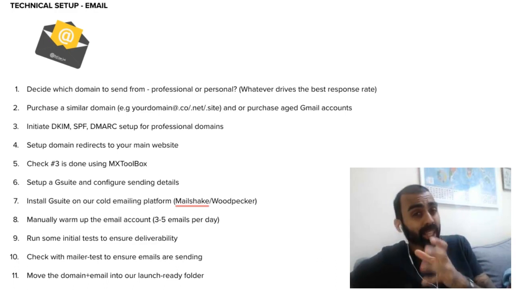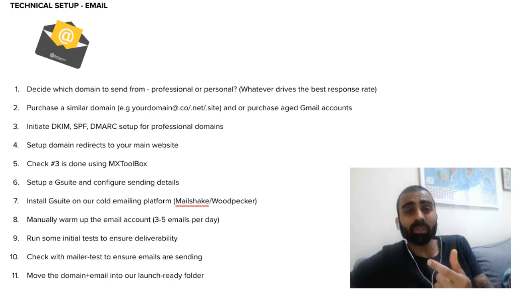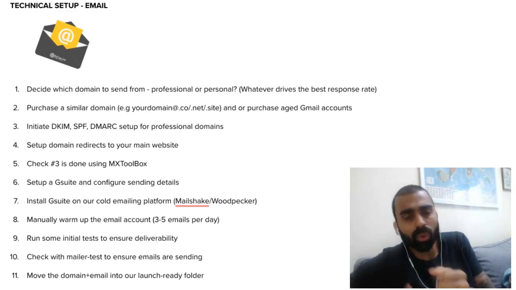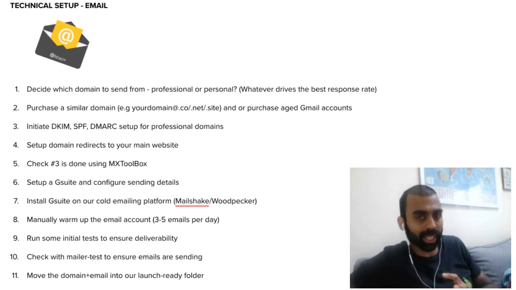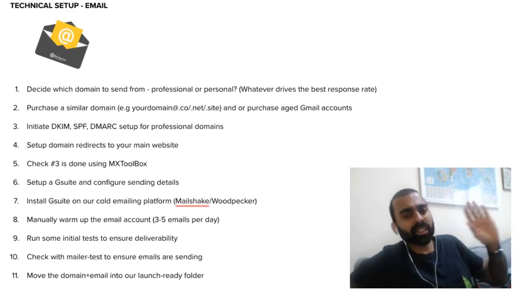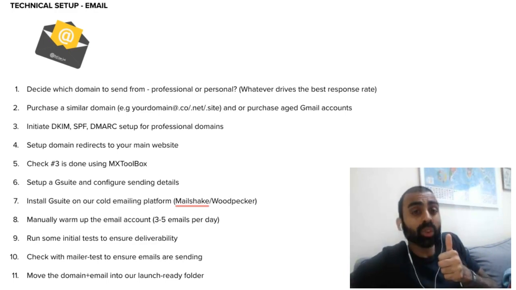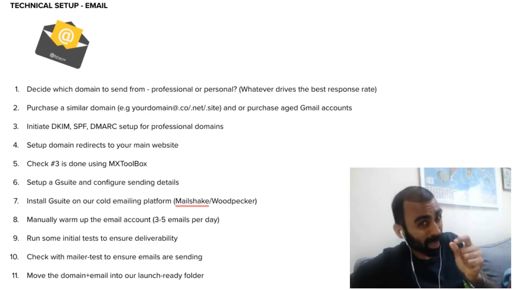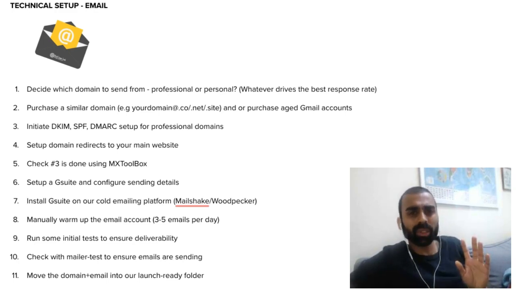Then we're going to manually warm up the email account with 3 to 5 emails per day. What we mean by a manual warm up is this: one of the mistakes that often an agency or an individual or anybody can make, and it's an easy mistake to make, is that once you've got your email account set up, you can start sending hundreds of emails a day, and Google, rather the filter, will automatically throttle or suspend sending on your account for a little while, because it will say, hey, why are you using our account to send hundreds of emails within a day?